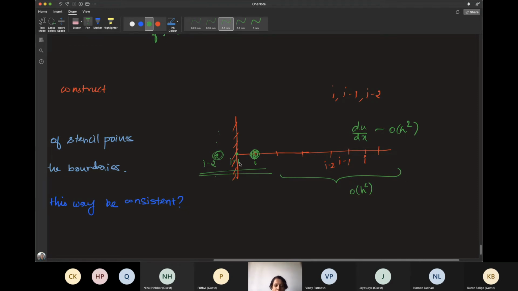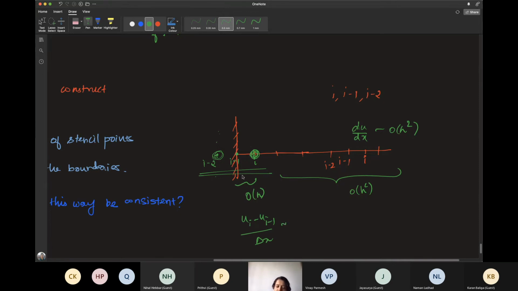There you construct something outside and somehow evaluate those solutions based on your solution on the inside, or you just go for a lower order accurate scheme just at the boundaries. You can construct an order h accurate scheme, that is, you can just take ui minus 1 by delta x, which is first order accurate.